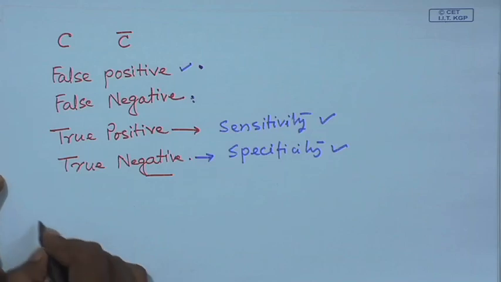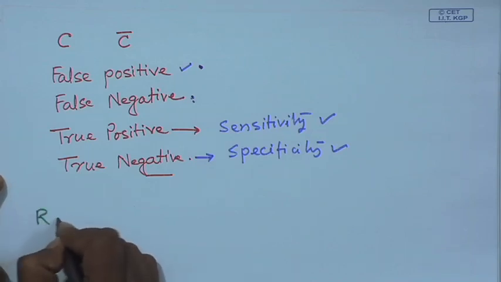And the situation of best trade-off is actually described by a curve which is called a characteristic curve, which is also known as ROC curve.